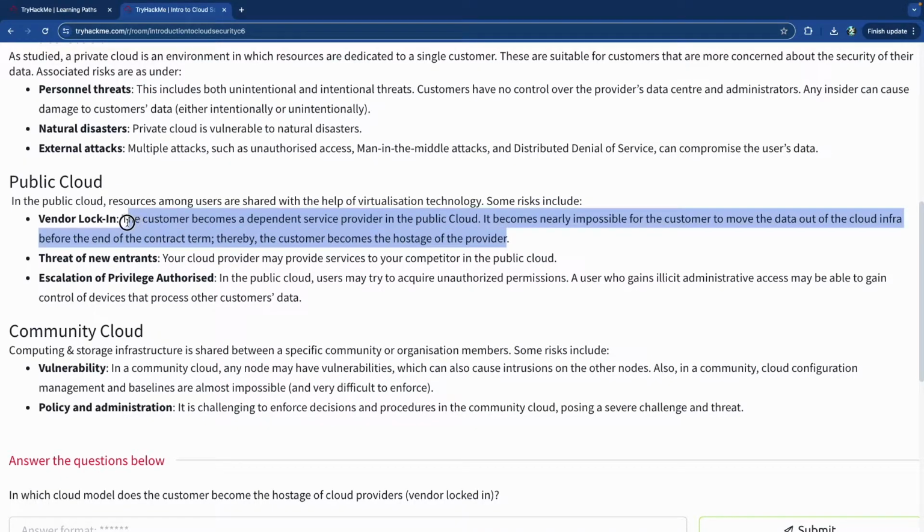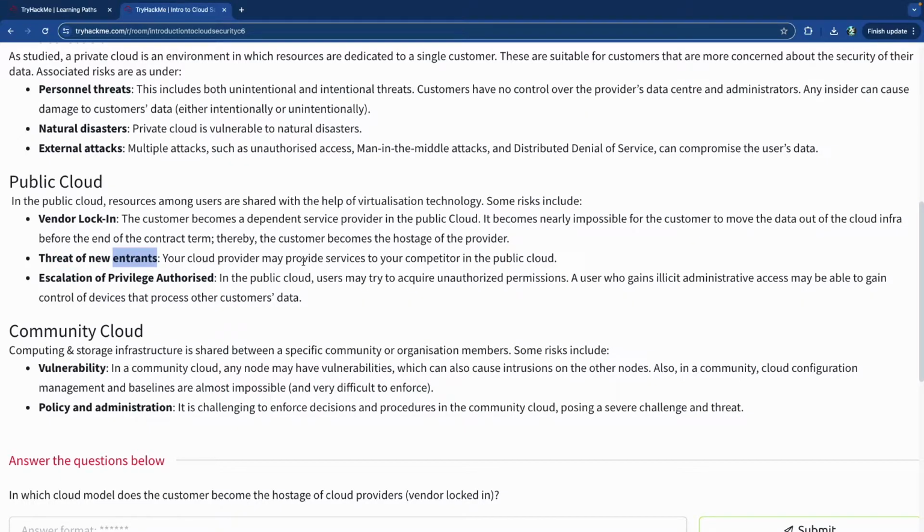So if you're locked in with your vendor, and for whatever reason you're not current on your billing or something happened with your vendor, and now they have all your data locked in and you can't get access to your data because of some kind of issue with you and your vendor, and now the customer, being us, becomes a hostage of the cloud service provider. Isn't that crazy?